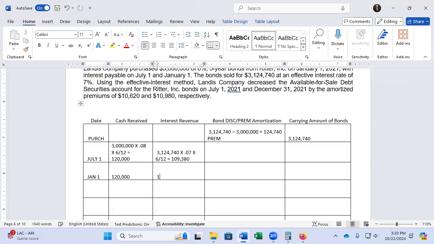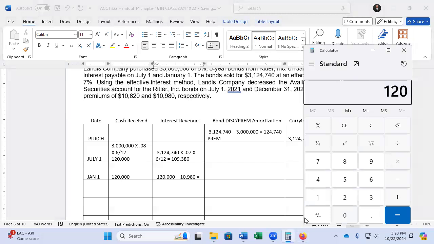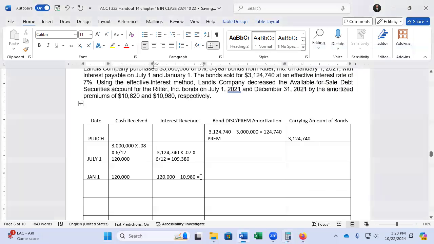The other way to do it is that we know the payment's going to be 120,000, and we said that there was amortization of 10,980. So we know the interest expense will be 109,020. So you can do it either way.